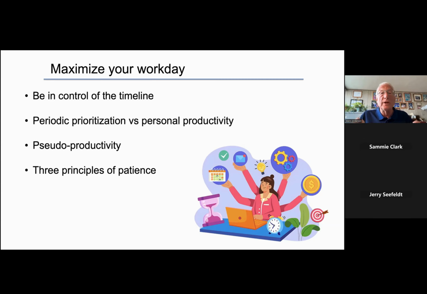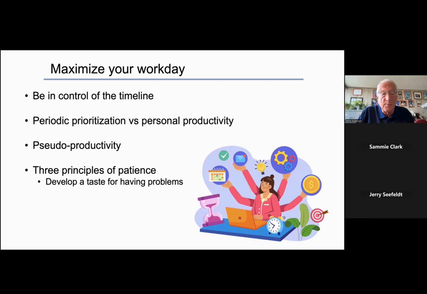One of the things you need to maximize the effectiveness of your workday is to develop patience. And here are three principles of patience. One is develop a taste for having problems. There are going to be problems. Things are going to go wrong. And so just have patience with that. Develop this taste, this patience for the problems that are certainly going to pop up.